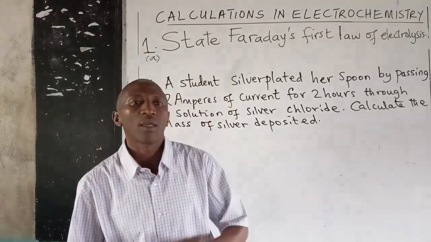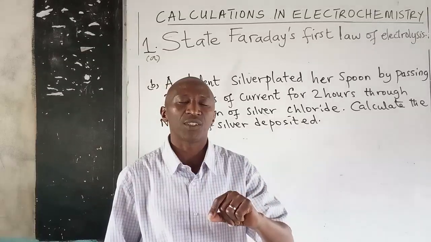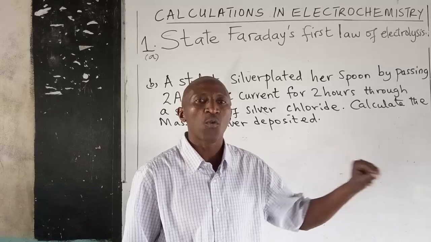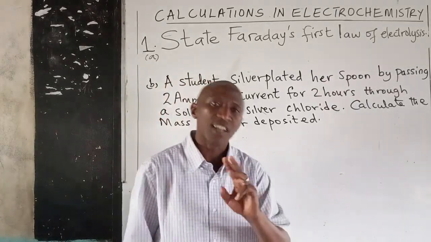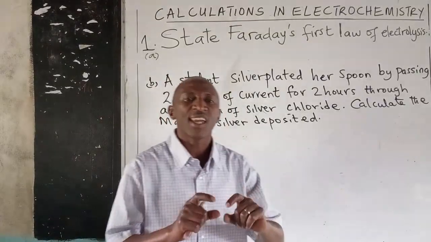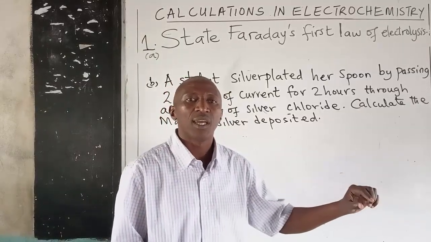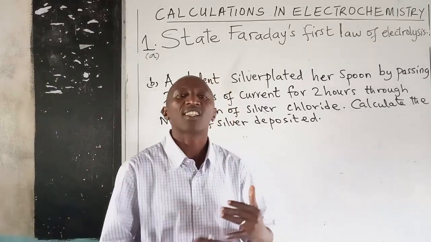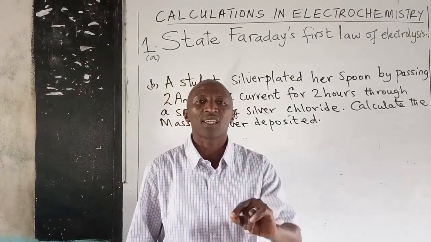Number two, Faraday's law enables us to determine the charge on the ion, which is unknown, maybe a metal ion that was discharged. And then number three, we also look at the RAM of maybe the metal which was discharged. And of course, we cannot miss other minor calculations like the time and the current. Welcome to this lesson, and let's get started.